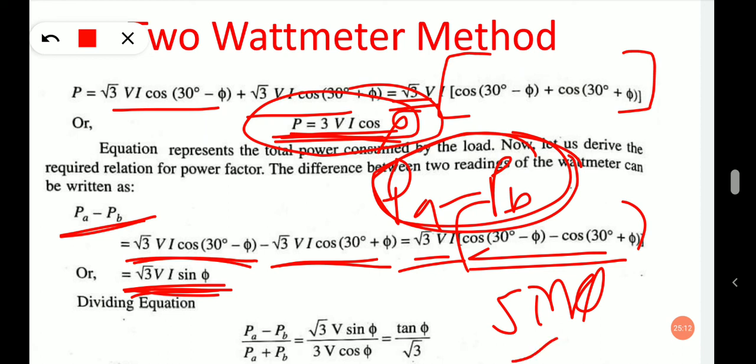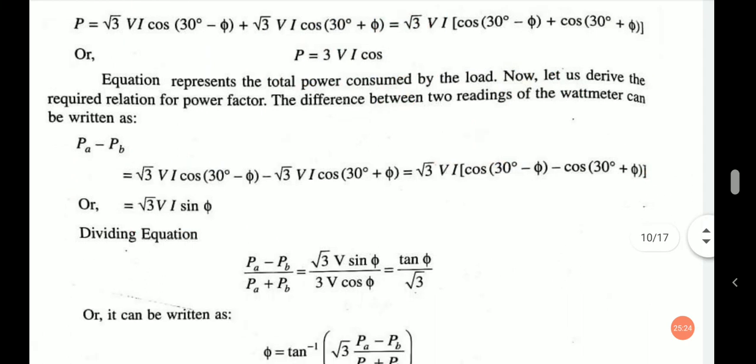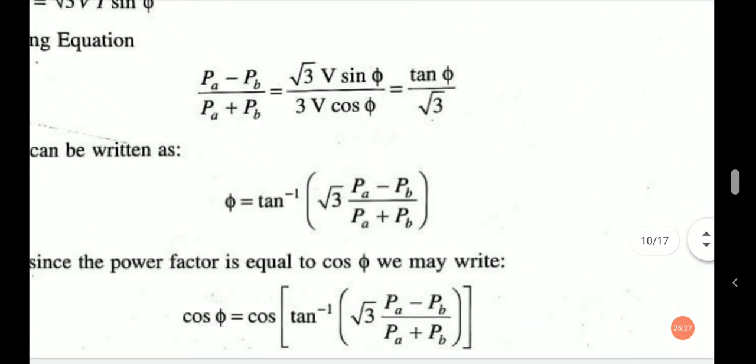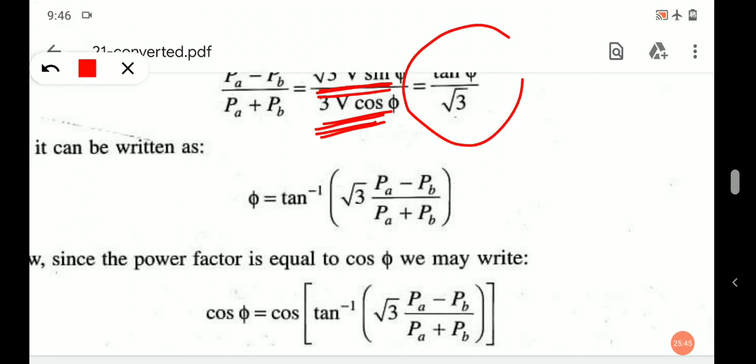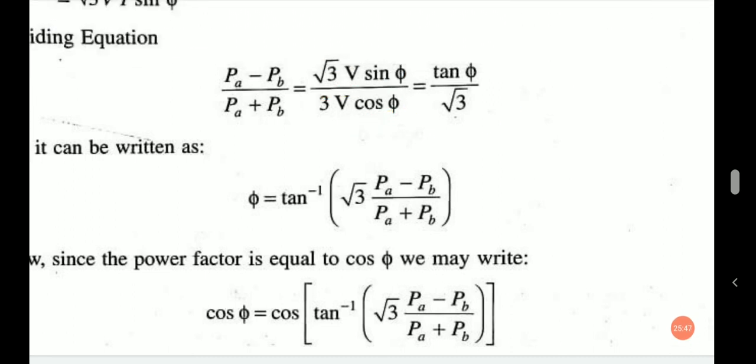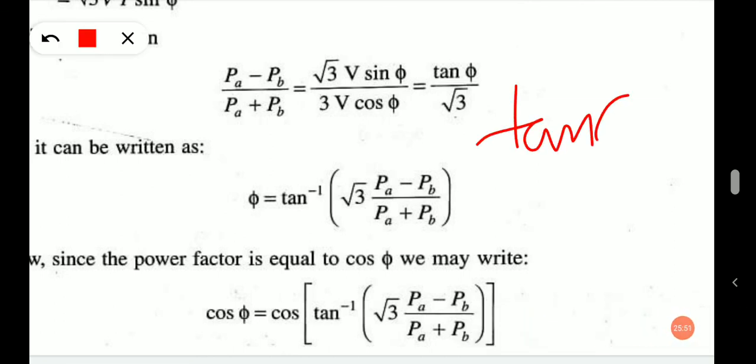If we divide PA minus PB upon PA plus PB, then we will get root 3 VI sin phi upon 3 VI cos phi, and that is tan phi upon root 3.